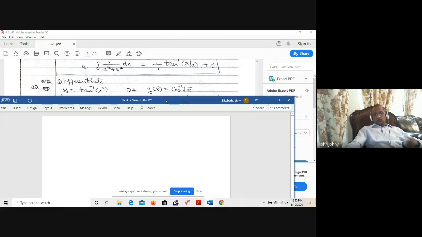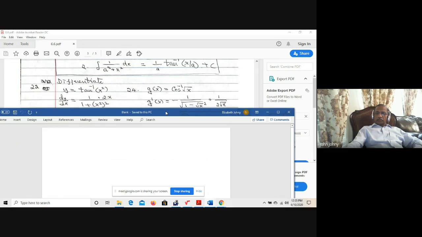Then 24. g of x is equal to cos inverse square root of x. And so g prime of x is equal to negative 1 over square root of 1 minus square root of x squared. The formula for the derivative of cos inverse x is negative 1 over square root of 1 minus x square. So in this case it is square root of x.